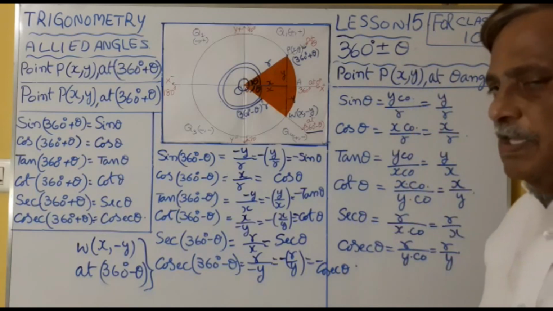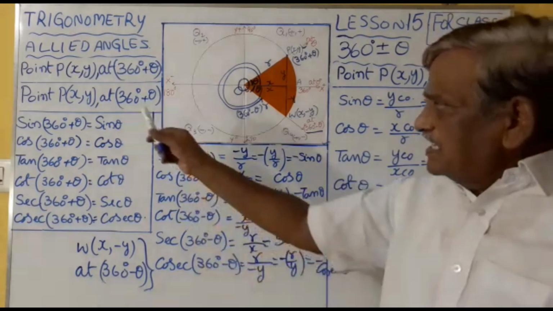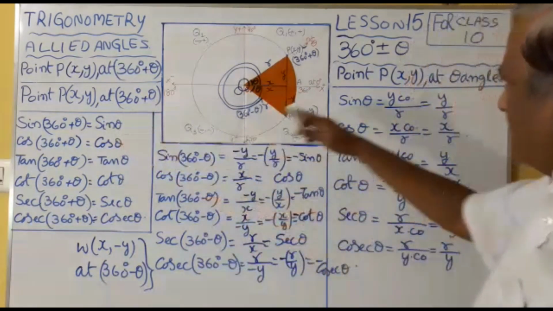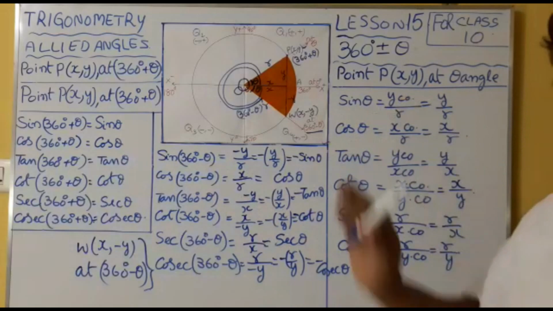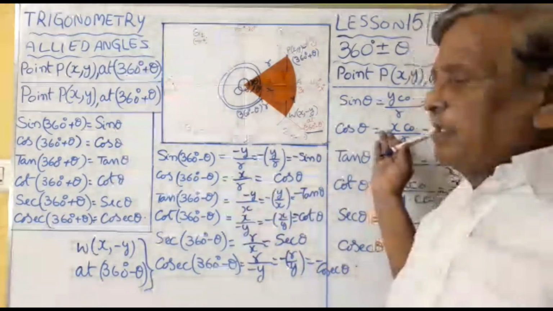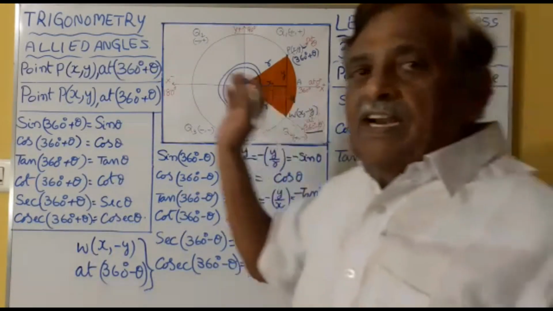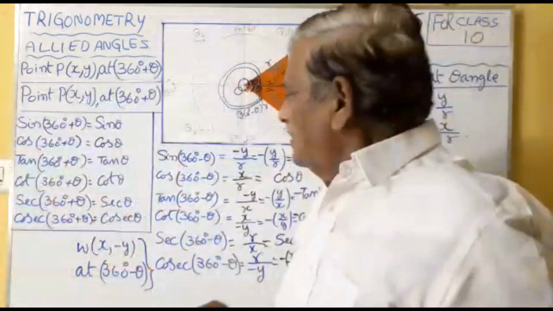Thus, the trigonometrical ratios of 360 plus theta remain the same as the trigonometrical ratios of theta. There is no change to the trigonometrical ratios at theta degrees and at 360 plus theta degrees.